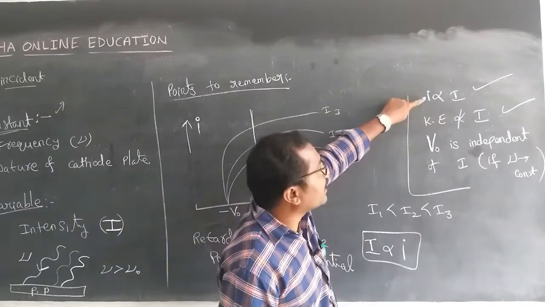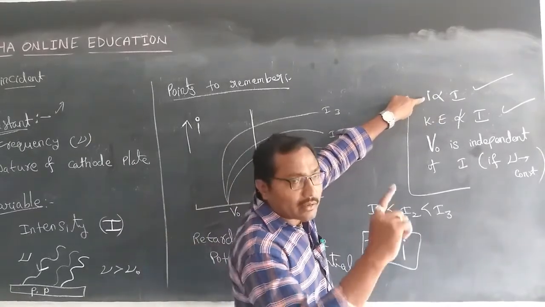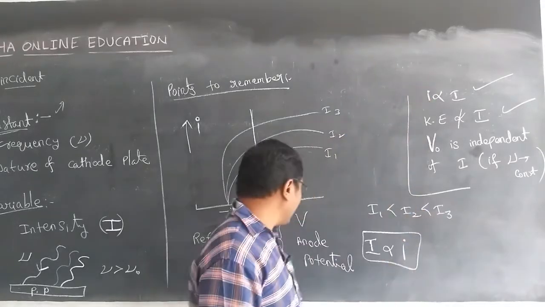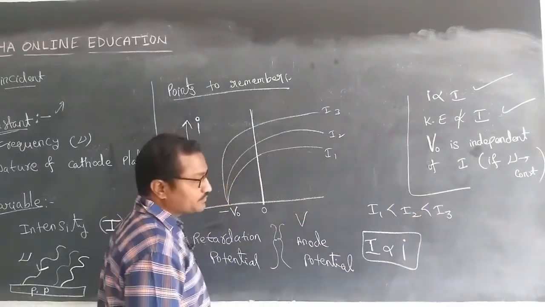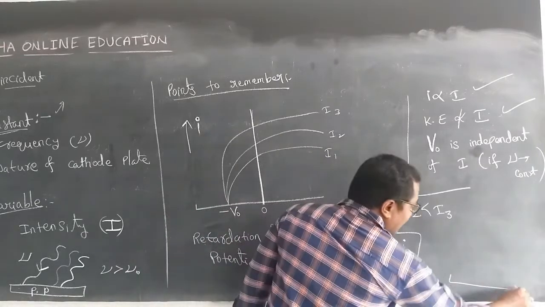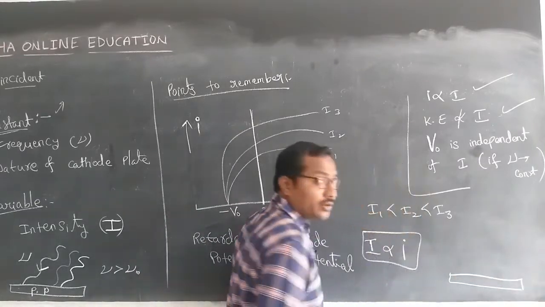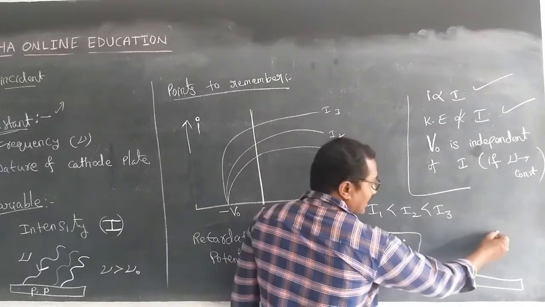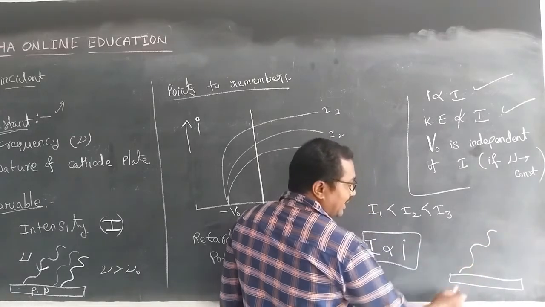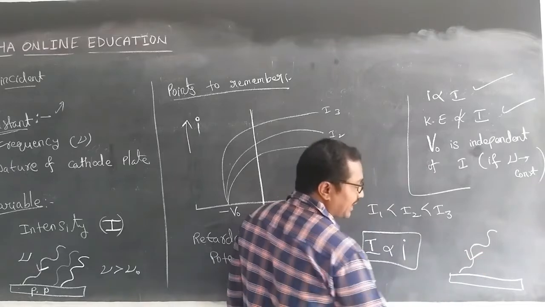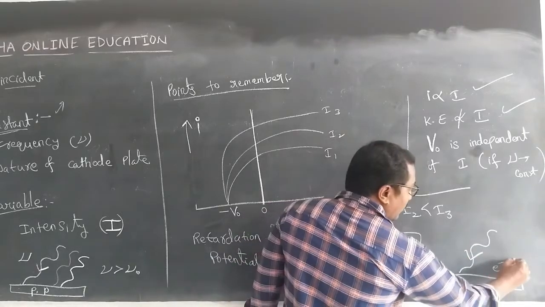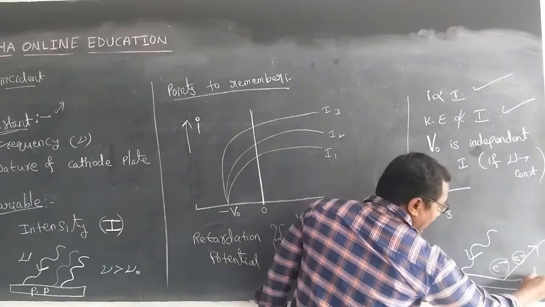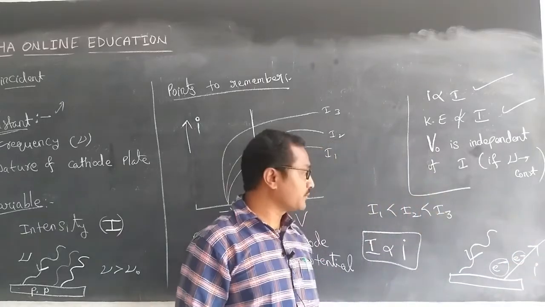See here, this is the photoelectric current. Just now we discussed this one. Let us consider this is the photoeffective plate, and the light is incident, and the photocurrent I is produced.